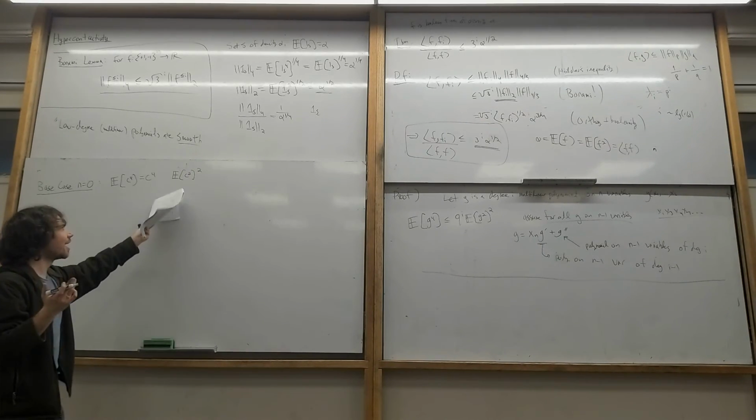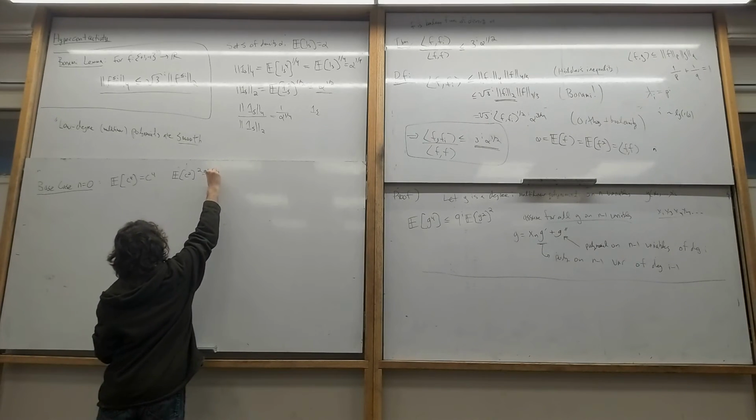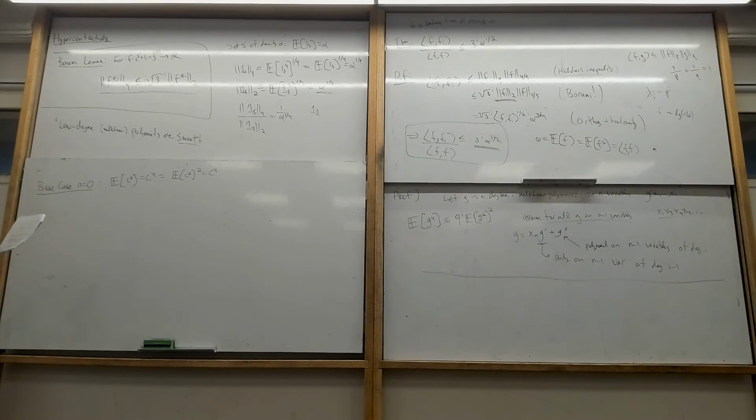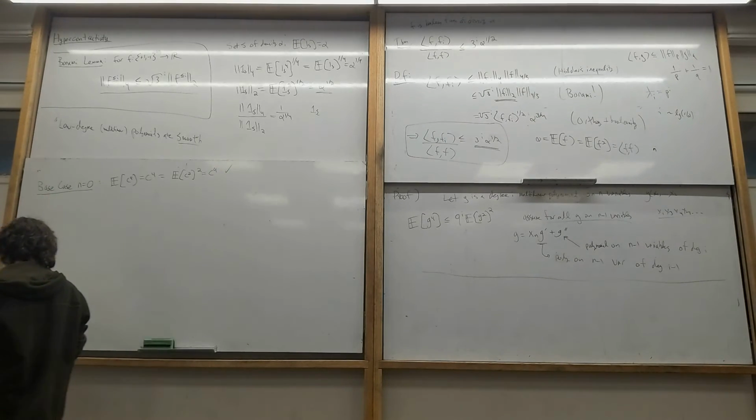Now it's c squared, which is c to the fourth. So these guys are equal, which is what the Bonami lemma says for 0. I mean, root 3 to the 0 is 1. So this is what we want. Okay, this is good. This is the base case.